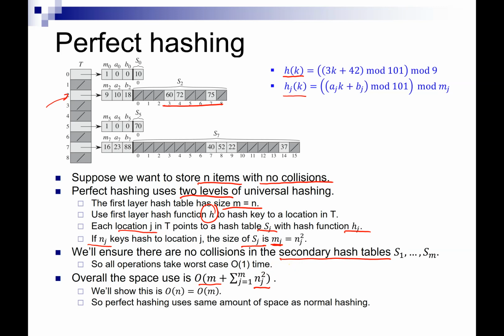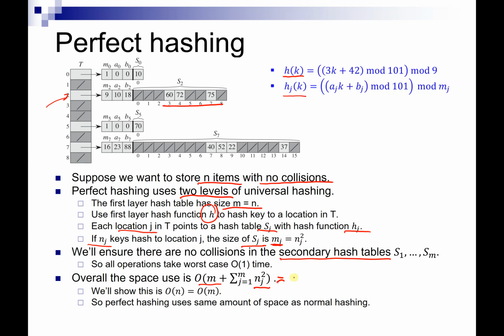Now we want to make sure that this overall space usage is not too large. Because if you use a very, very large hash table to store just a few items, then it's easy to get no collisions. But what we're going to ensure is that this total amount of space is only order n, where n is your number of items.